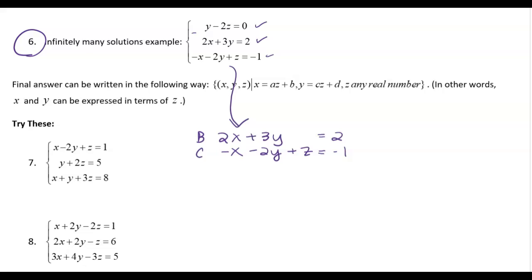Equation A, if you look back up here, just has a y and a z. So if I eliminate my x variables, then I will have another equation that has y's and z's that I can use with my equation A.